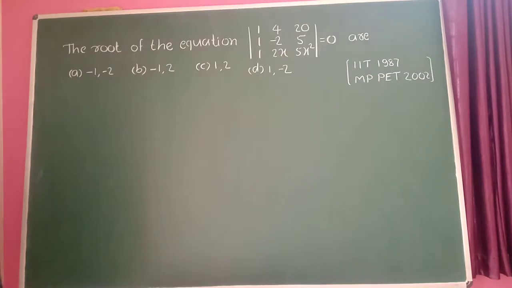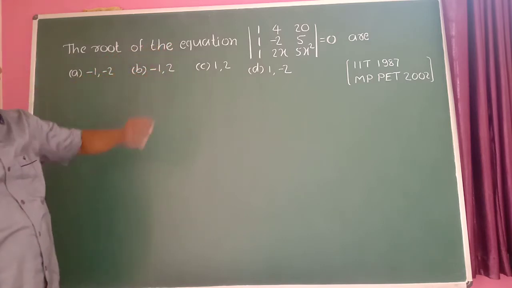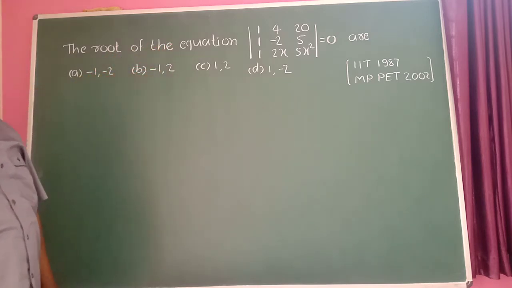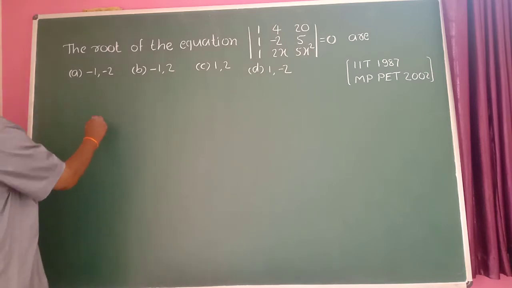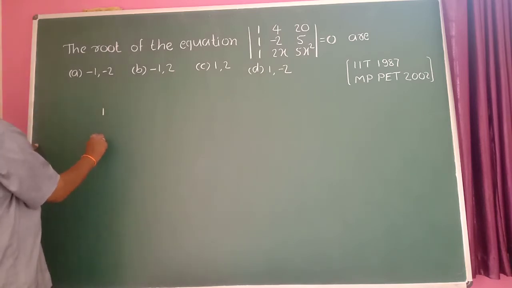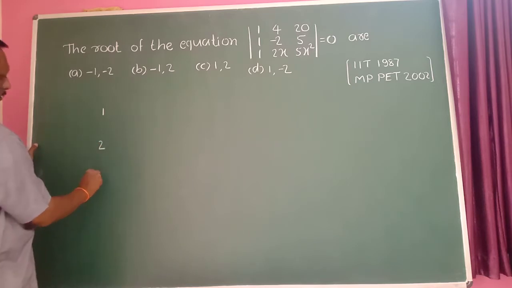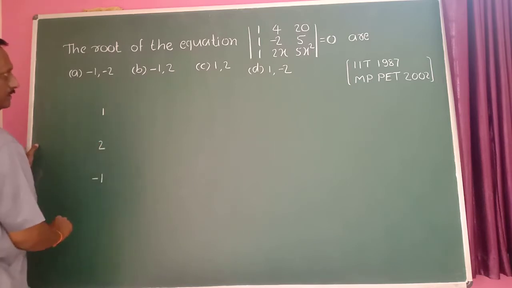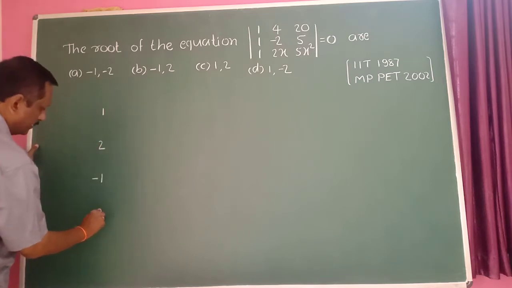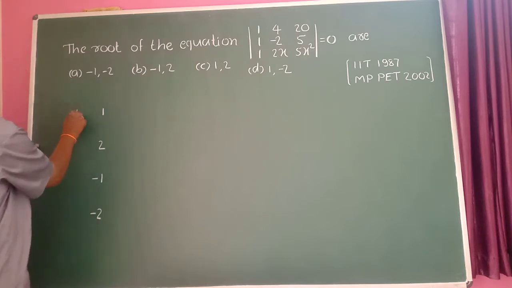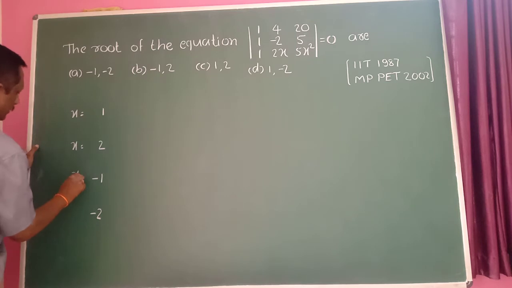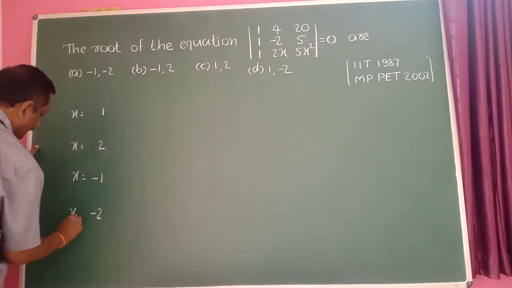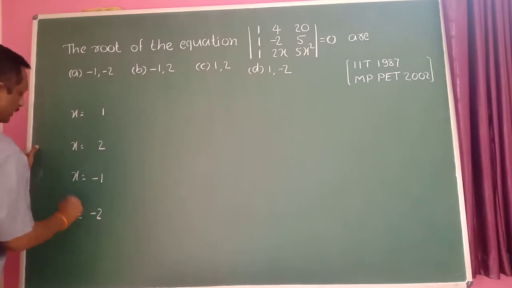A. So here the root of the equation means find the value of x. So 4 options are there. In these options, 1 is there, then plus 2 and minus 1 and minus 2. These are the numbers. x equal to 1, x equal to 2, x equal to minus 1 and x equal to minus 2.